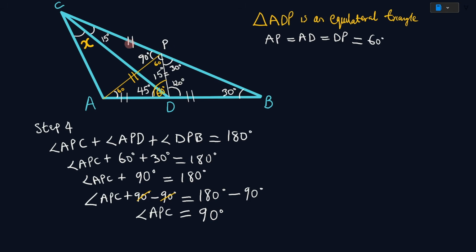If APC is an isosceles triangle, that means that this very angle is equal to this angle, which is going to be x plus 15. In order to find x, we'll use the sum of the interior angles of a triangle.